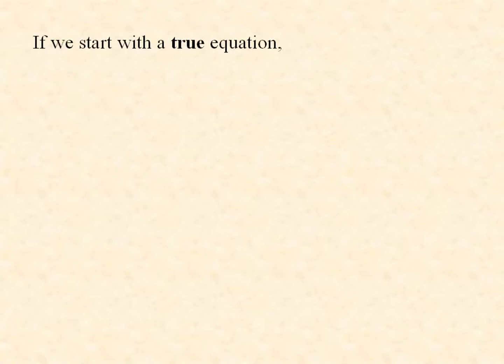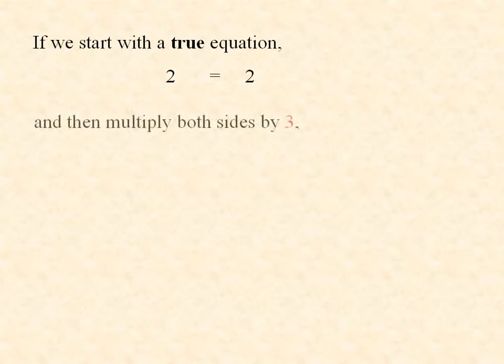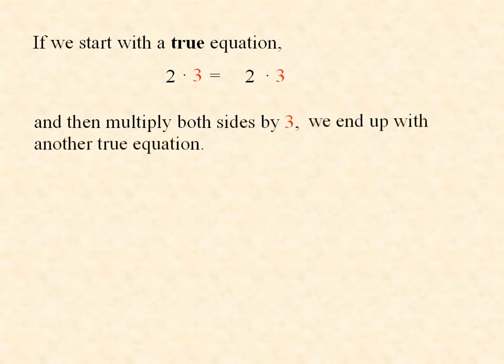If we start with a true equation, 2 equals 2, and then multiply both sides by 3, we end up with another true equation.